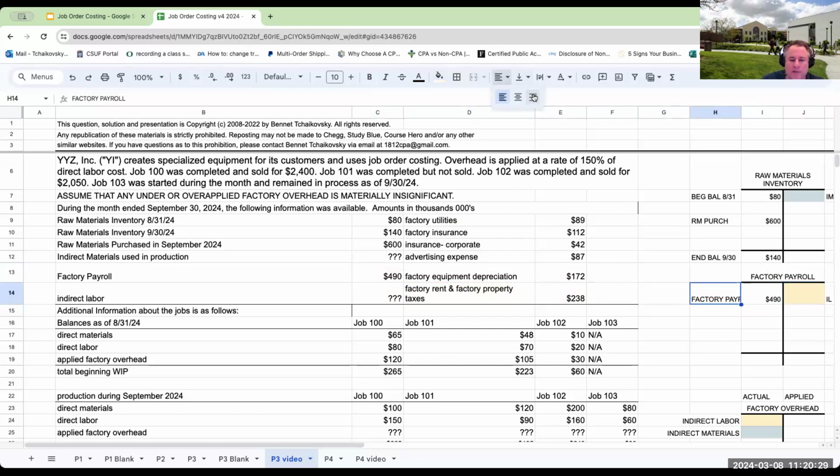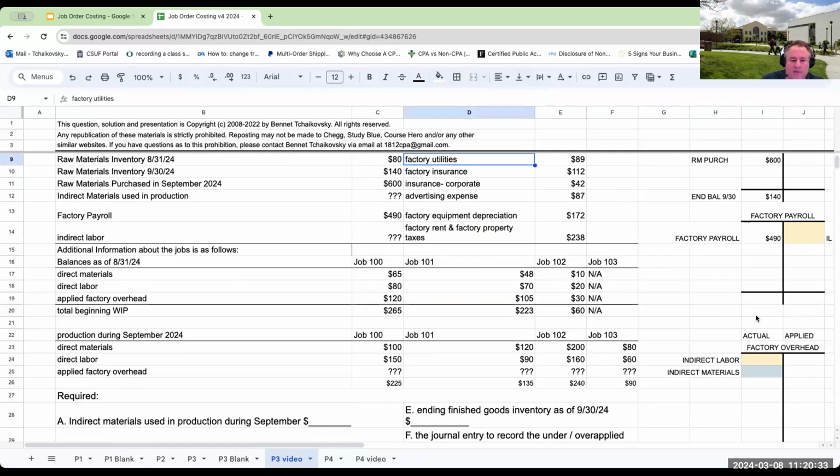Now, when I look at these other costs over here, I need to figure out what is part of overhead. Well, factory utilities, right? It has the word factory in it, so therefore it's part of factory overhead. Factory insurance is also going to be a part of my factory overhead. Insurance corporate, we're going to call that X-Force, right?